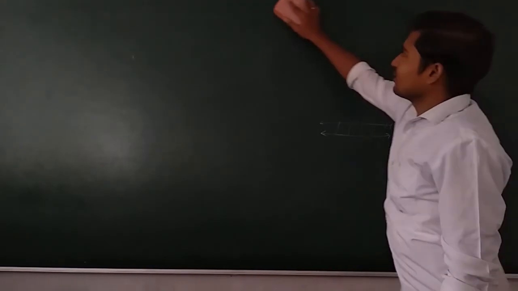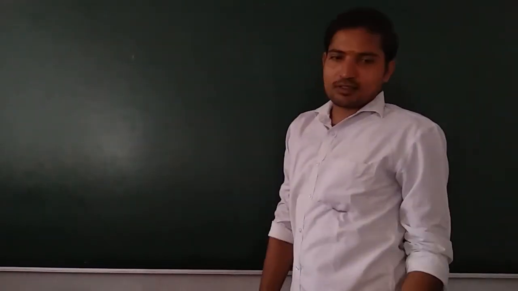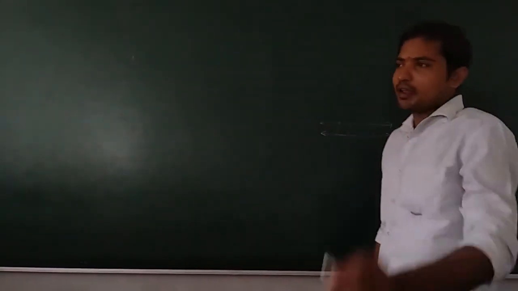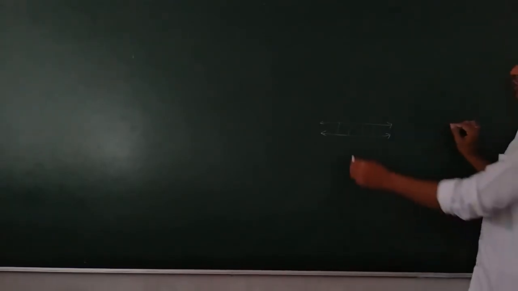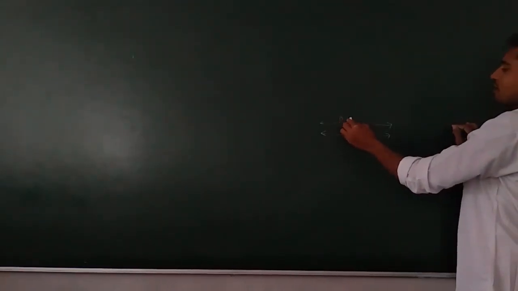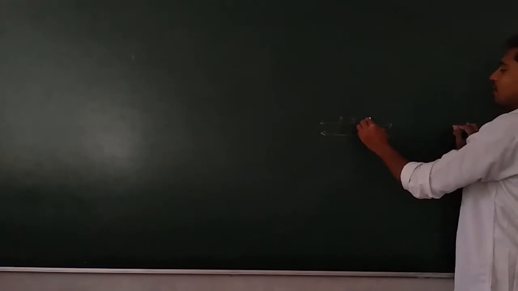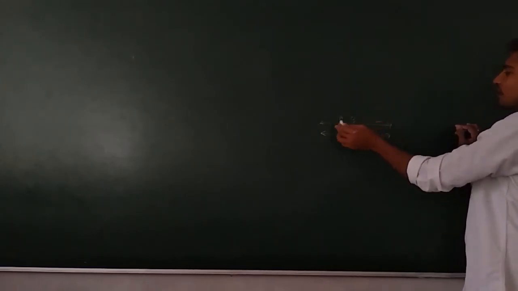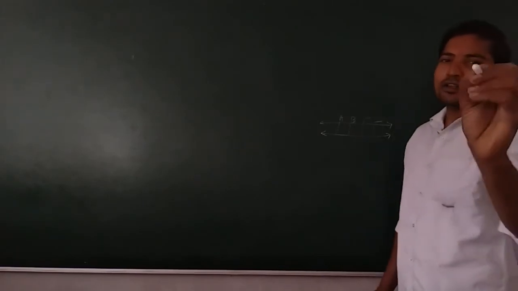Like this, the given points on the same line are called collinear points. Suppose A, B, C and D all lie on the same line, those are called collinear points.